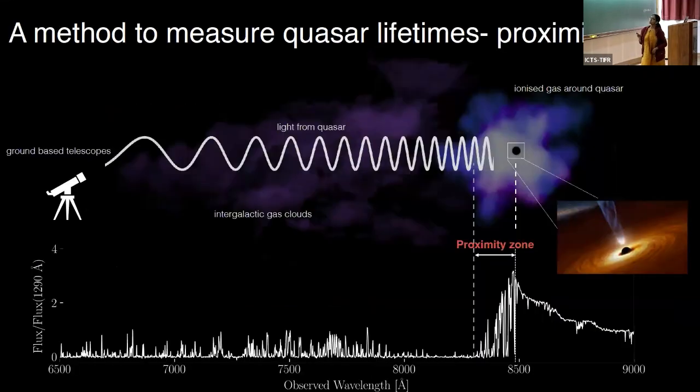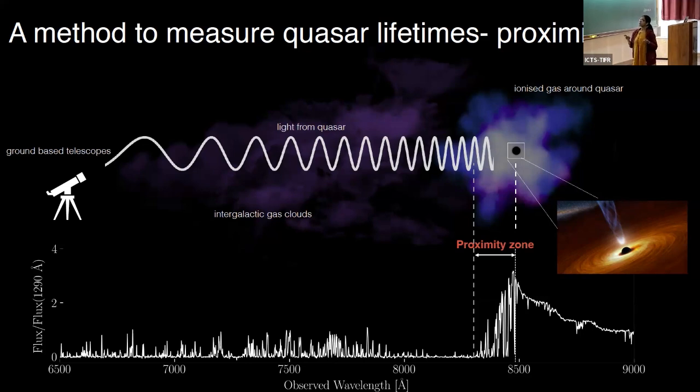What I'll now discuss is a method to measure quasar lifetimes called proximity zones. At the bottom here, you're looking at the rest-frame UV spectrum of a redshift 6 quasar as seen by an observer today. While the UV light from the quasar travels to us, two things happen. First, because the universe is expanding, UV light is redshifting to optical.